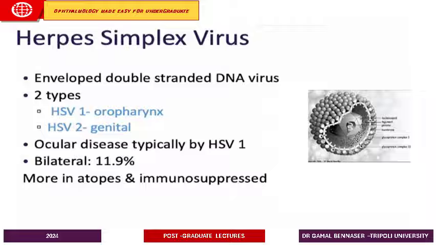Upon reactivation, it moves retrogradely through the trigeminal nerve and reaches the eye, the cornea, by passing through the nerves that supply the cornea. This is the herpes simplex cycle, from the primary exposure up to the secondary reactivation.